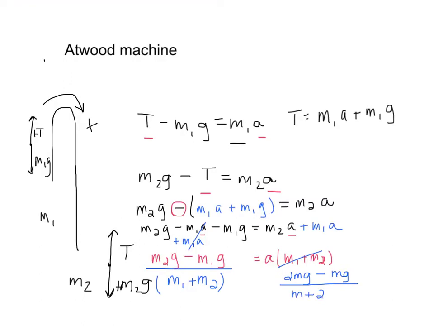Mass 2 was 2m. So that cleans up to mg divided by 3m, or just g divided by 3. So this is, again, only true if I have a relationship between my masses. If it's not, then I do want to go back and just use the general equation for an Atwood machine.